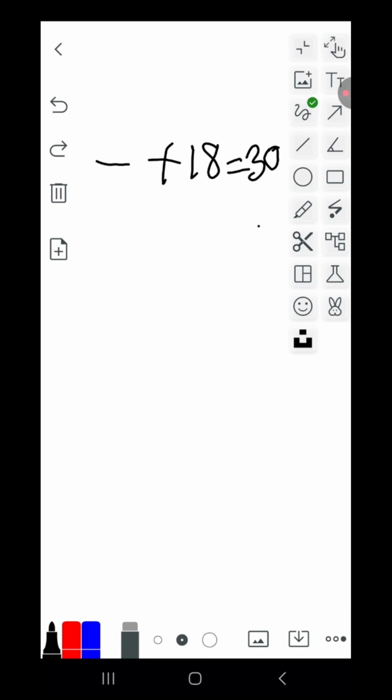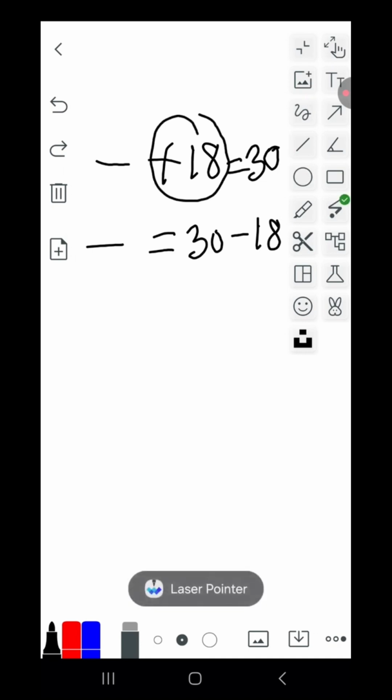In this case, if it's plus, you just take away. If it's take away, you just add. So the missing number will equal 30 take away 18. Remember what we said earlier. It was on this left side.